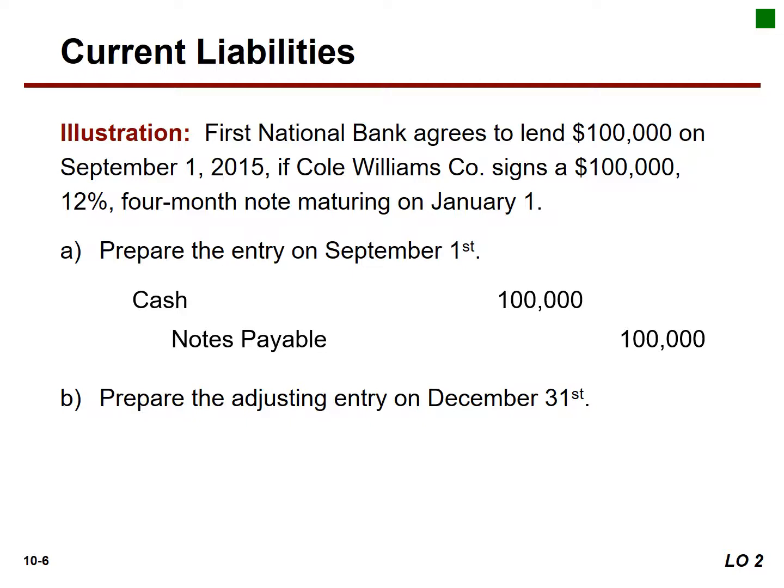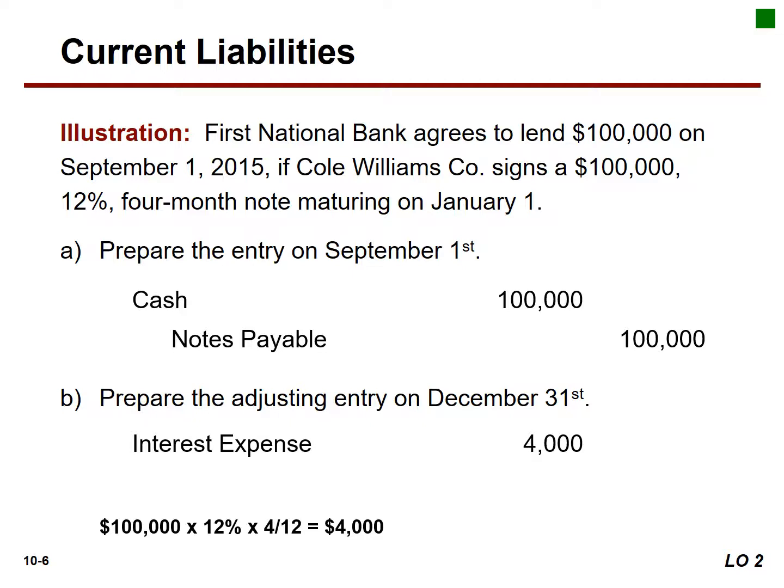Then we make our adjusting entry for accrued interest that's owed as of December the 31st. Again, we're not going to pay this note back until January the 1st, so if we're doing our financial statements at year end, we need to record the interest costs that have been incurred on this note since we borrowed it on September 1st by debiting interest expense and crediting interest payable.